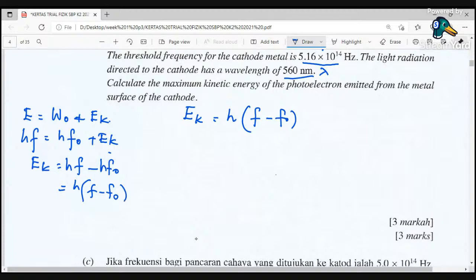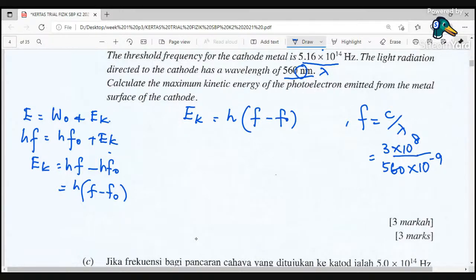f we can calculate equals to c over lambda. c is speed of light. Lambda is 560 times 10 to the power negative 9, nano prefix.